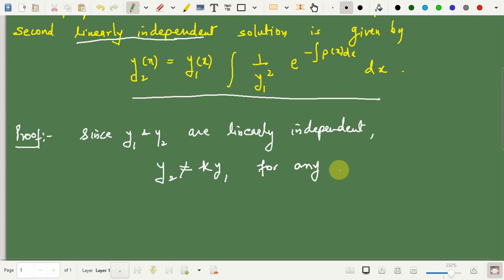In the previous class we have seen that if y2 is a scalar multiple of y1 or y1 is a scalar multiple of y2, then we can easily see from the definition that both of them are linearly dependent. So this will never happen for any constant k.